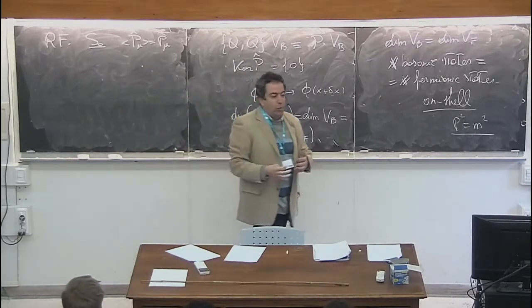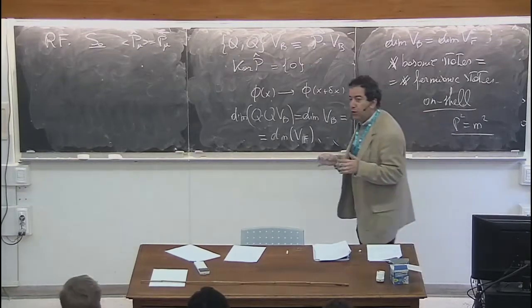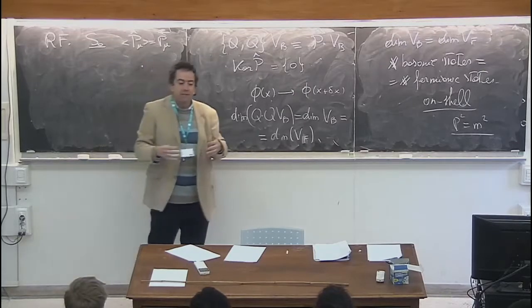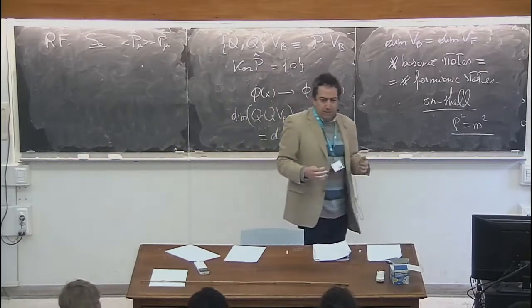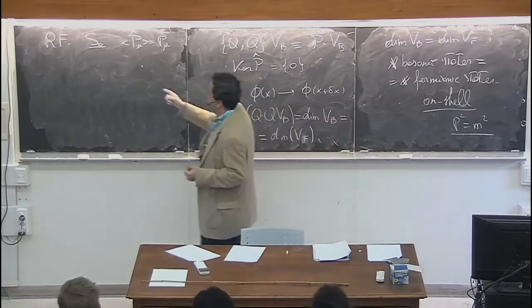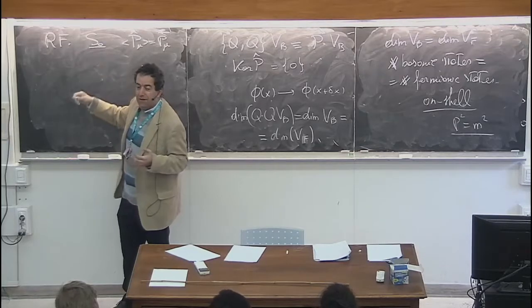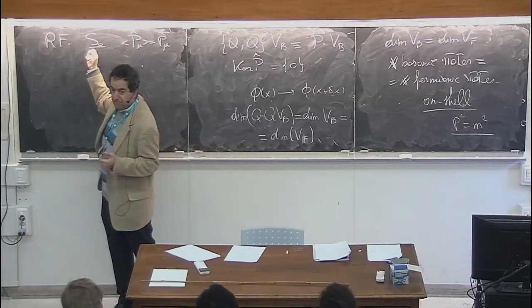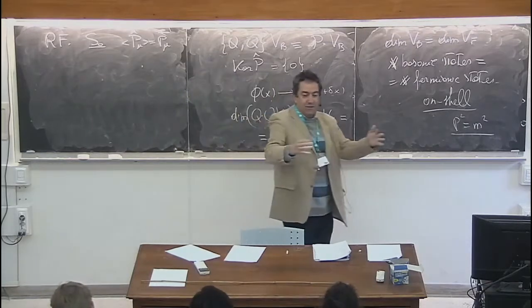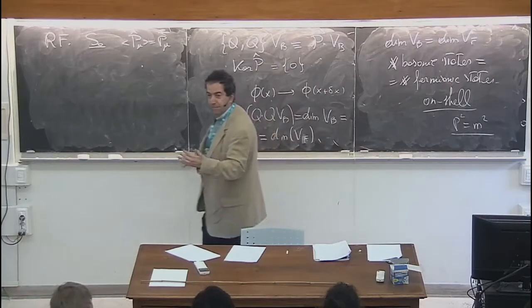Then we construct all possible states in this representation, acting on a given state by means of the generators of our algebra. Once we have all possible states in this reference frame, we construct a generic state in any other reference frame by simply using the Lorentz boost.